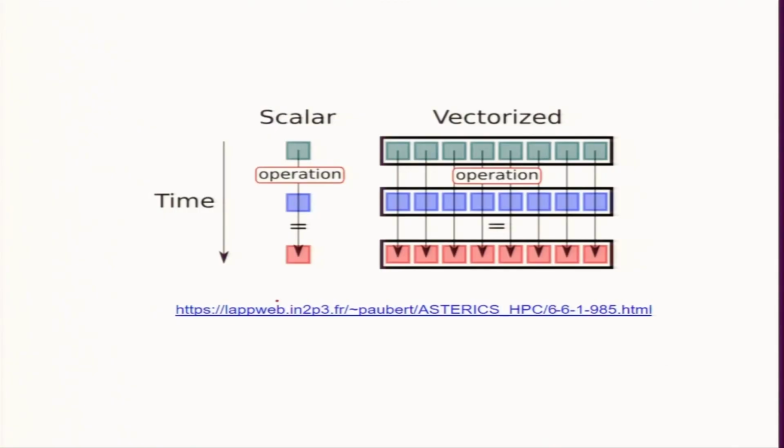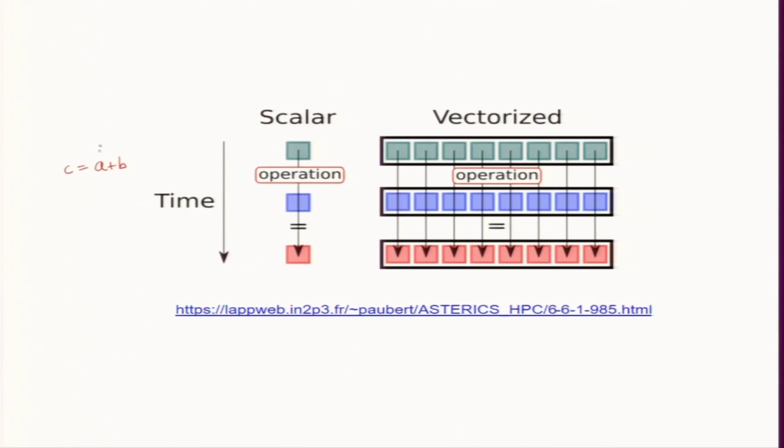This is the picture taken from this website. A single operation is called a scalar operation. I may do an operation like a plus b, two numbers a and b, and write the result on variable c. This is called a single scalar operation.